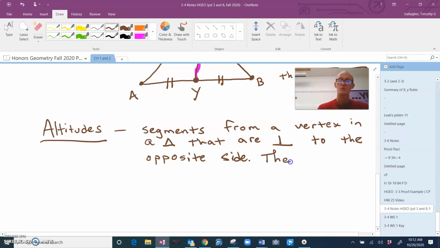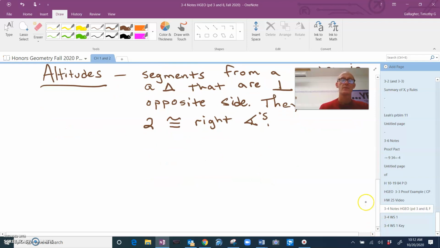Altitudes create two congruent right angles. Now, altitudes are like medians because they do come from a vertex, but they don't always create midpoints.